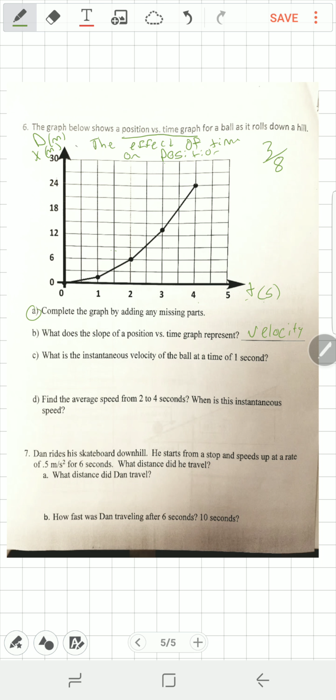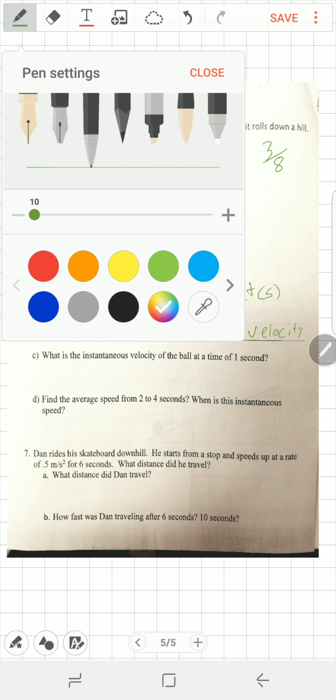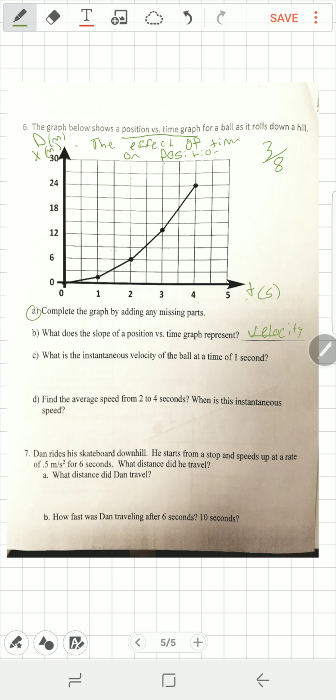Then what is the instantaneous velocity of the ball at 1 second? This was on our quiz, so you should not forget this. At 1 second. My class has a set of steps to do. First, we have to recognize that when it's asking for instantaneous velocity, we're going to have to find the average and make our instantaneous velocity the point in the middle. So how do I find the instantaneous velocity at 1 second?